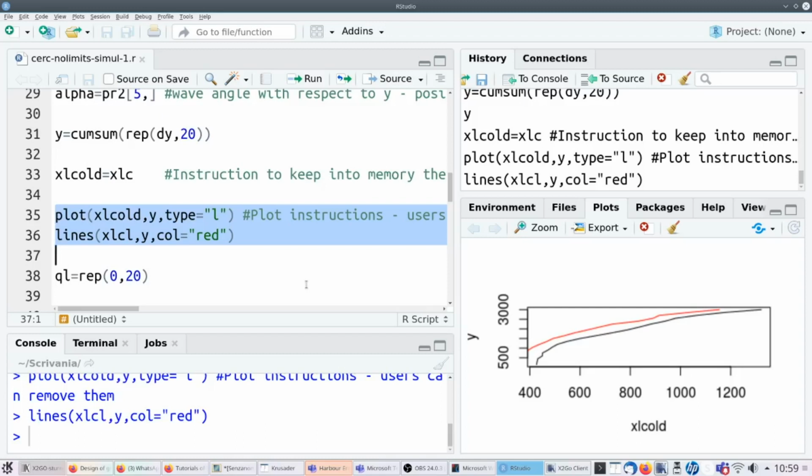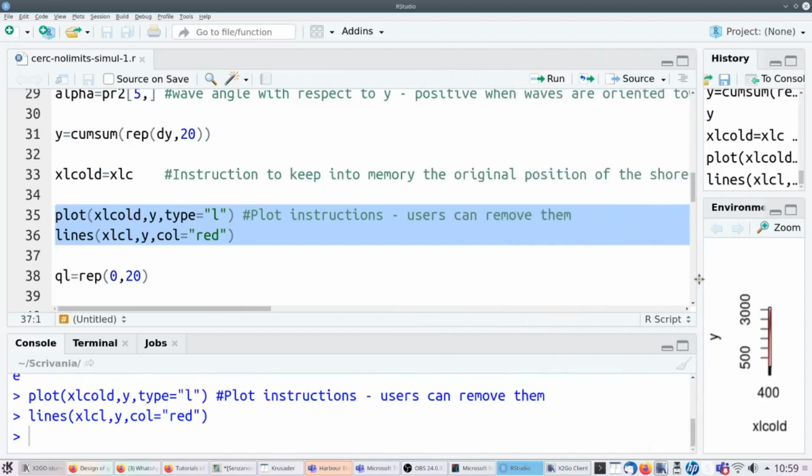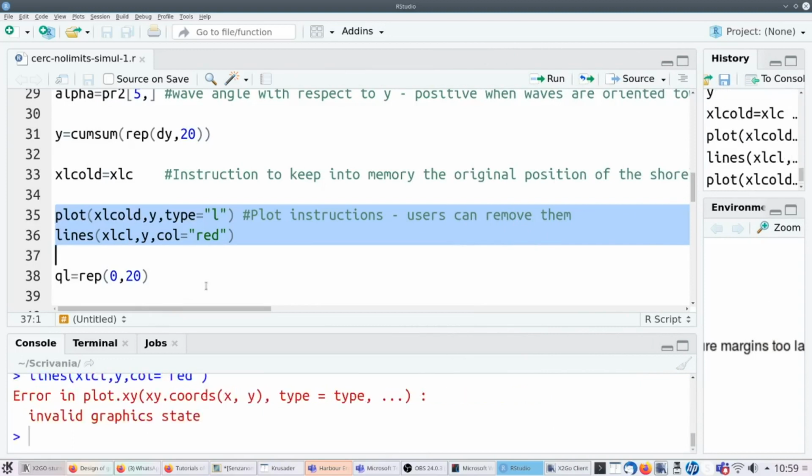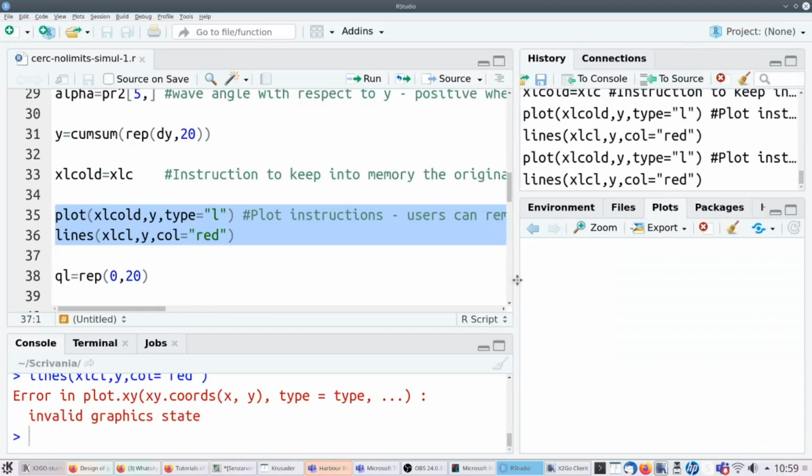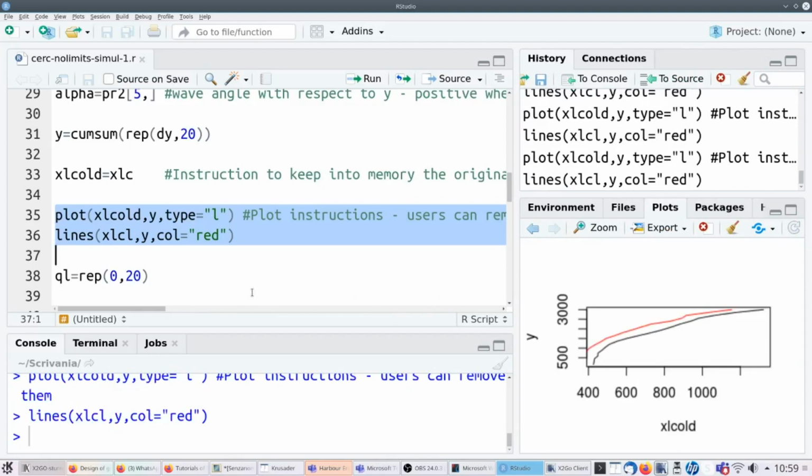If you get an error, did you try to expand the plot window as I did? Because look, if I keep the plot window too short, then if I now run again, you see that I get an error, me too. But if I expand the plot window, okay, very good, I expand the plot window and I get it.